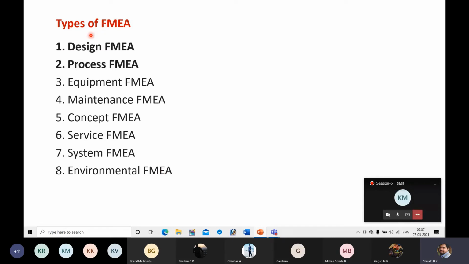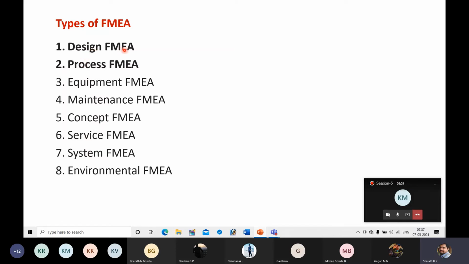Next, there are different types of failure mode and effect analysis: design FMEA, process FMEA, equipment, maintenance, concept, service, system, environmental. But we are going to consider these two as the major categories, because the others will overlap with these two.